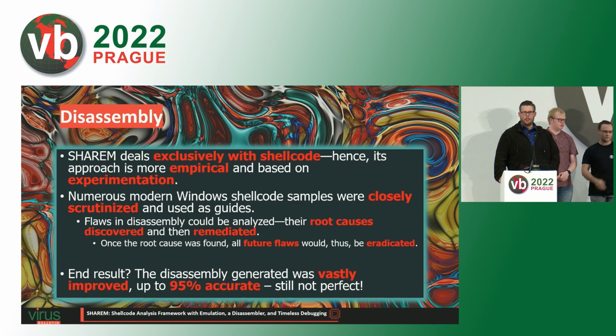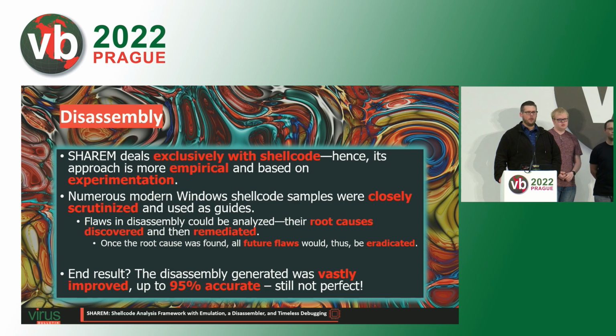So our approach is exclusively with shellcode, and it's based very much on experimentation, a very empirical approach. So I had numerous Windows shellcode examples for which I possessed the source code. I would then look at them in a disassembler and try to figure out, why is this being misinterpreted?